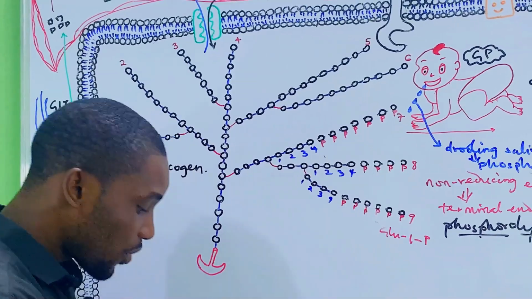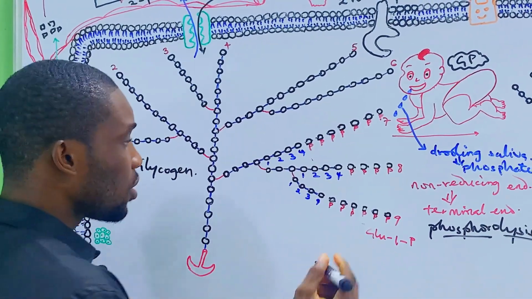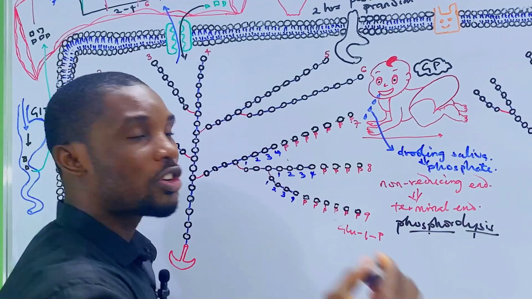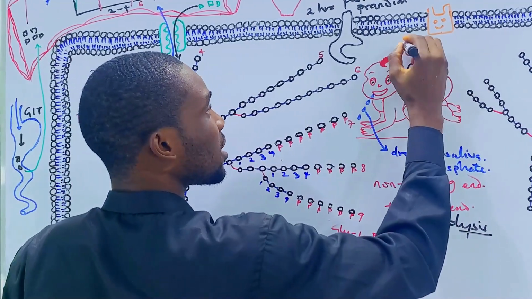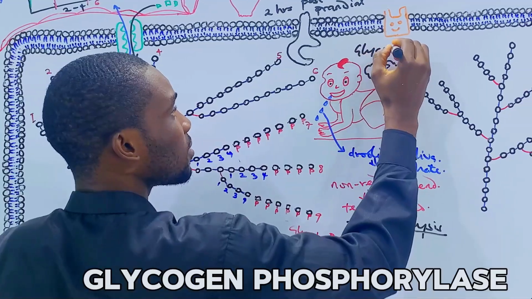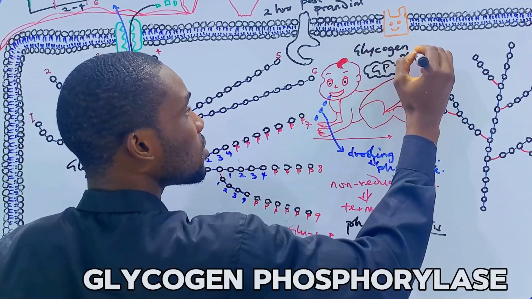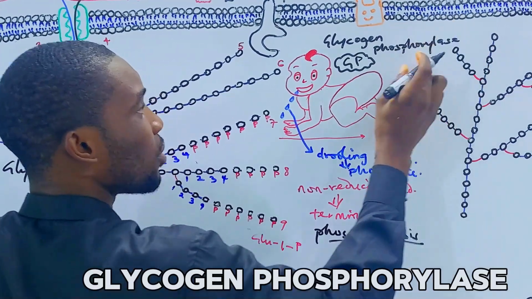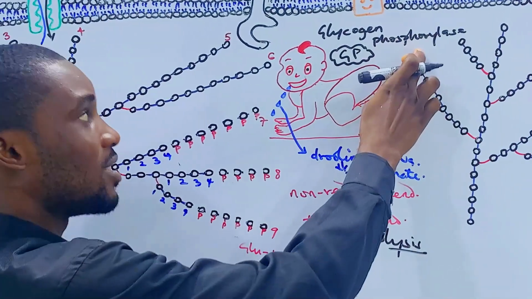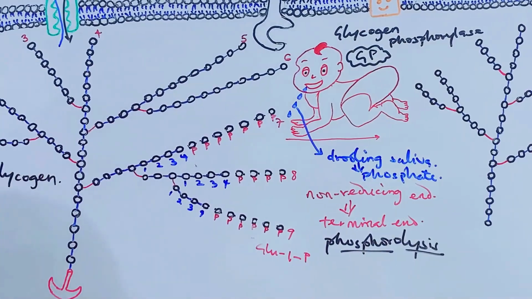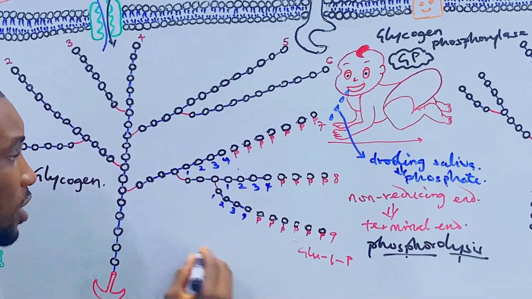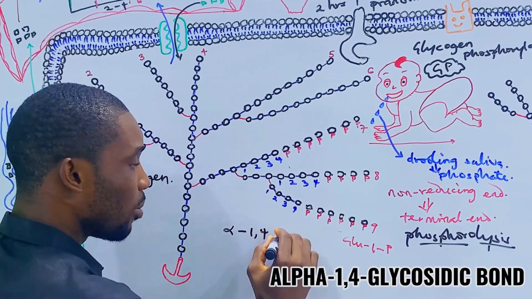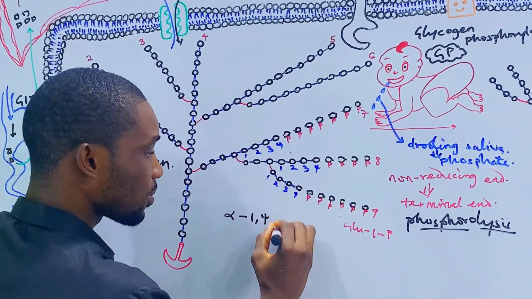So you can see that in a nutshell, baby GP is known as glycogen phosphorylase. So this is the name. GP stands for glycogen phosphorylase because it uses phosphorylases to break down glycogen, right? So baby GP breaks down alpha 1 4 glycosidic bonds.